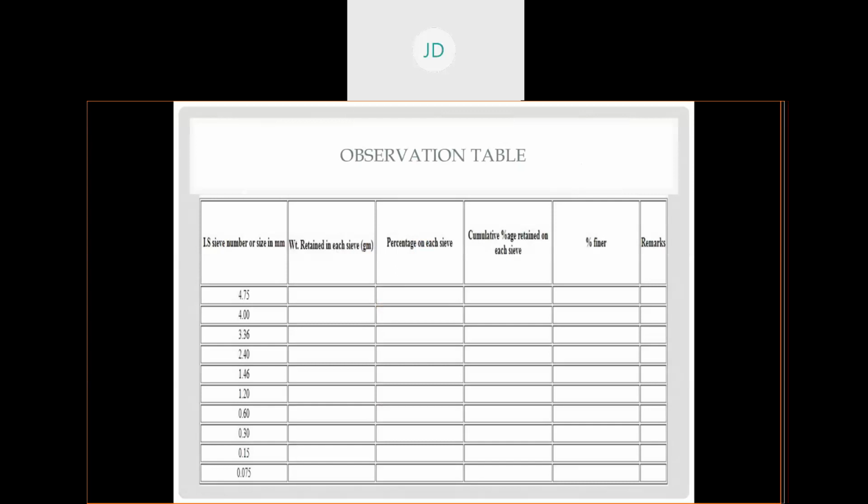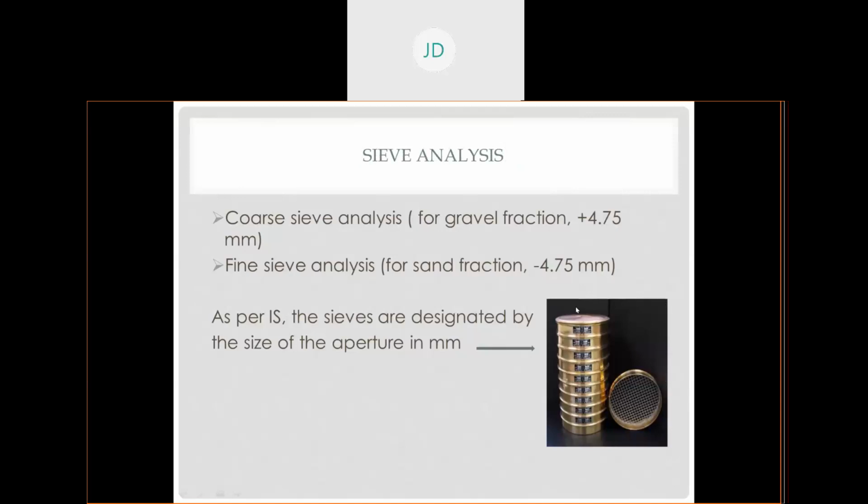Fine. Just take an example. If I pour some soil from the top of the sieves, what will happen? Some soil particles will fall down to the last tray, and some will be retained at every sieve. Why are they retained on a particular sieve?